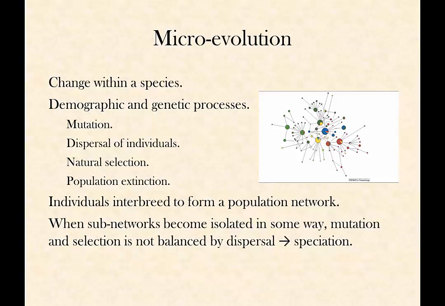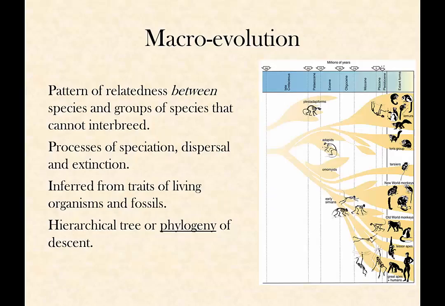But when subnetworks, maybe this area out here, these red ones here, get isolated in some way from the rest of the population, then slowly mutations build up, natural selection operates on these mutations, and if there's no dispersal between these populations, that can lead to speciation, the formation of two new species from one original species. So that's microevolution.